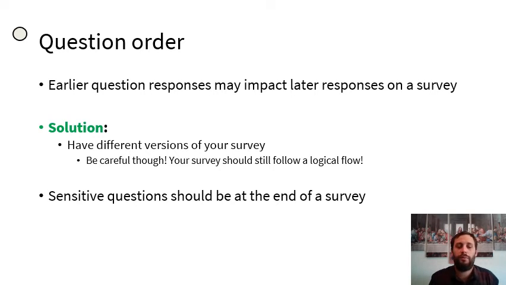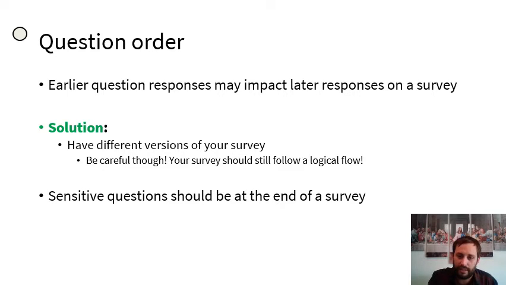And one last point with question order that I wanted to make is that in reality, whenever you are conducting a survey, it's always important to have sensitive questions go near the end of the survey. So, for example, if you are asking questions about depression, which can be sensitive, especially if you're asking questions about things like suicidality, questions like that should be at the end of the survey.